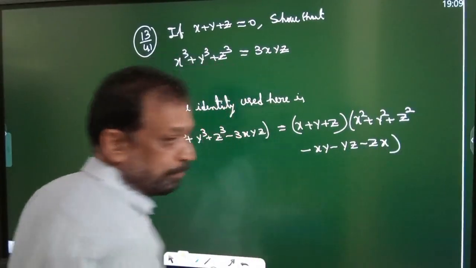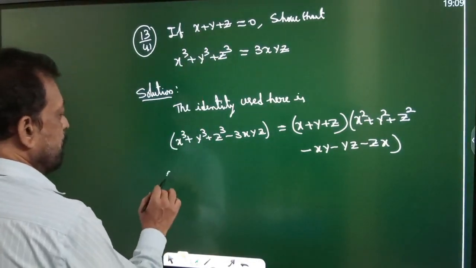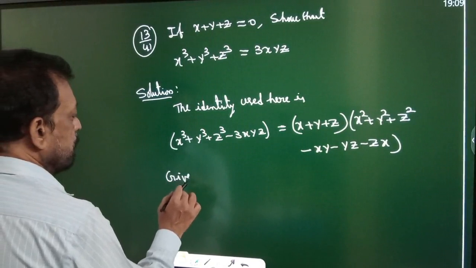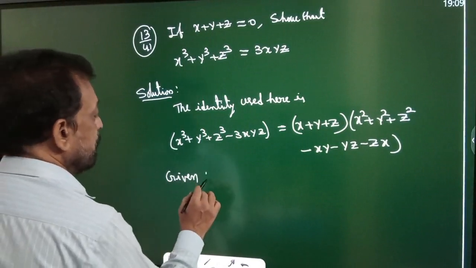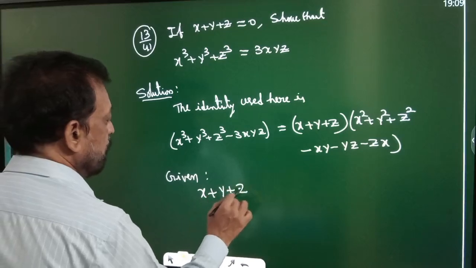This is the identity given. These are true identities. But what condition is given? This fellow is 0. So what is given? x plus y plus z is equal to 0.